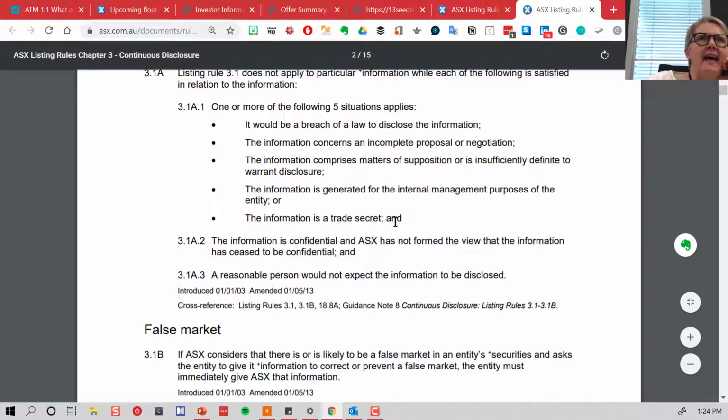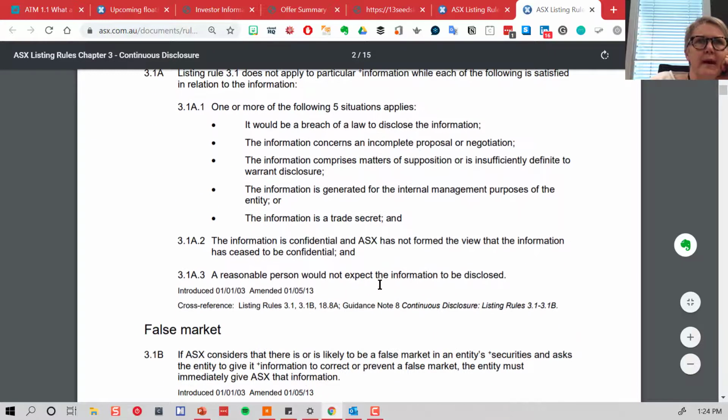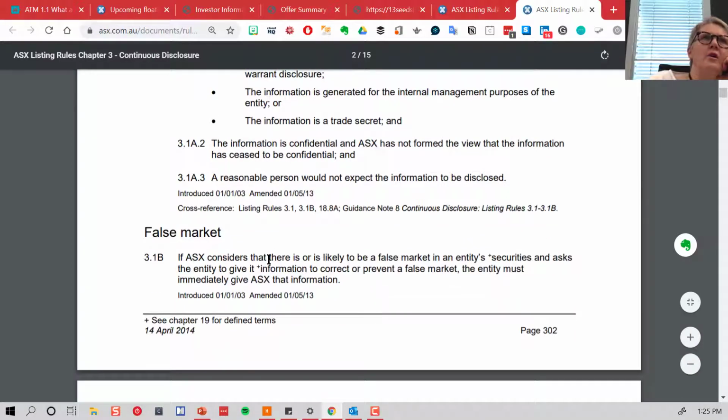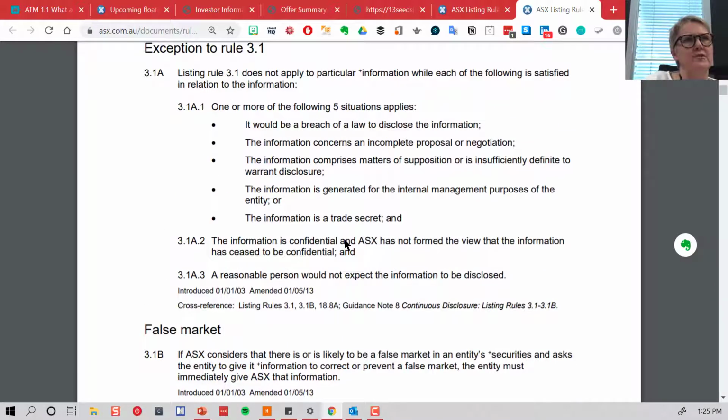So it's these ands that can actually be the undoing of people. You've got these reasons why you might not have to tell somebody, but you have the ands. It goes on to talk about the potential for a false market. One of the reasons for the continuous disclosure regime is to make sure that people aren't trading on information that isn't publicly available.